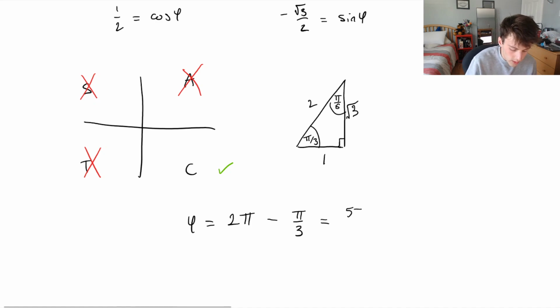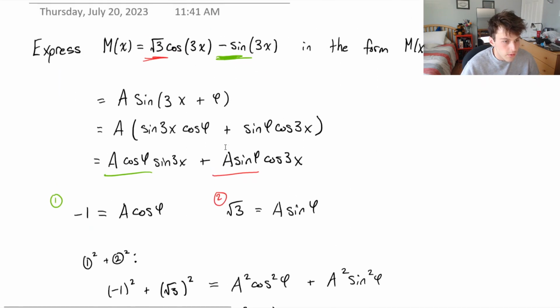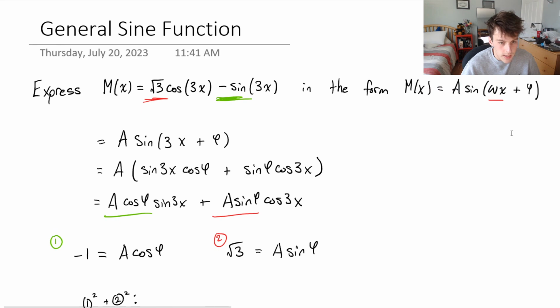So we know that one solution is going to be, let's write m of x is going to be, and then our value of a we said was -2, then we've got sine of 3x plus 5 pi over 3. And all we're doing here is plugging in our values that we found for our unknowns into the form that we were asked to present it in.